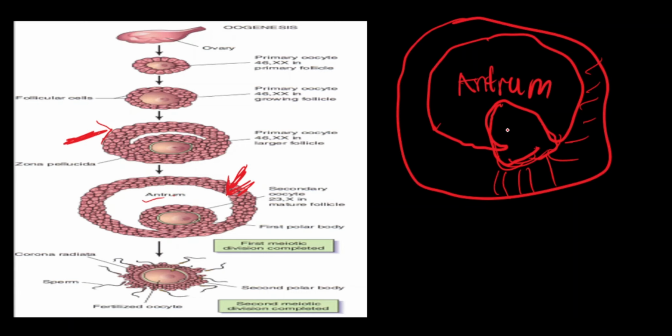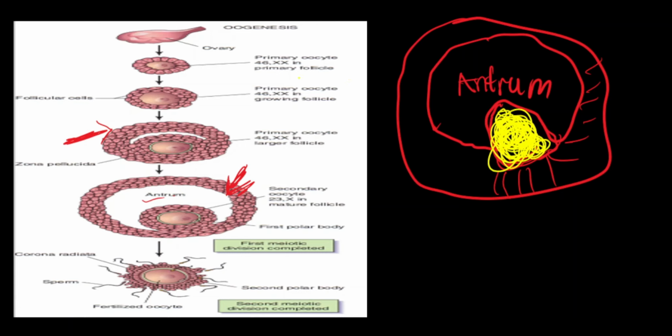Now it's good for us to take note that this is the only part that is expelled. The part I'm highlighting in yellow is the only part expelled. So the question is, what happens to the remaining follicular cells as well as the thecal cells?